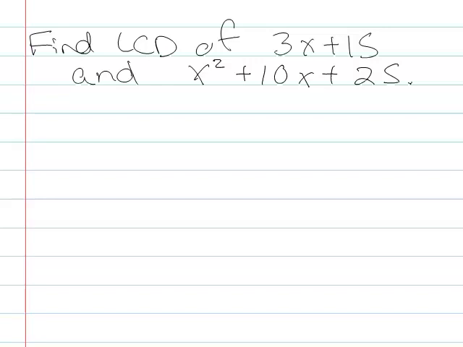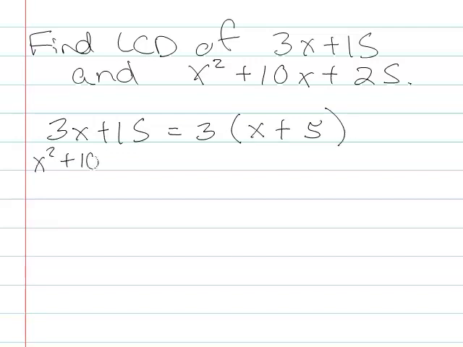All right, so that one's even more fun, right? So we've got 3x plus 15. We want to factor that to pull out a 3, I guess, and we've got x plus 5. And if we factor this guy out, do our little FOIL thingy, reverse FOIL, x's and 5.